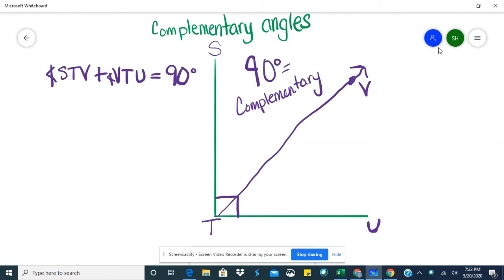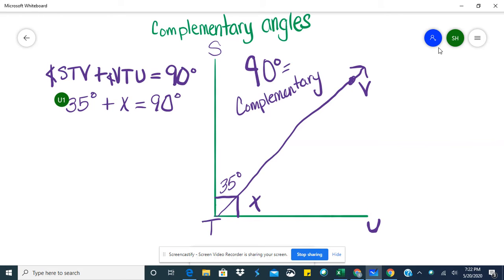So if I know that STV equals, let's say, 35 degrees, I know that 35 degrees plus X, which is my VTU, equals 90 degrees.